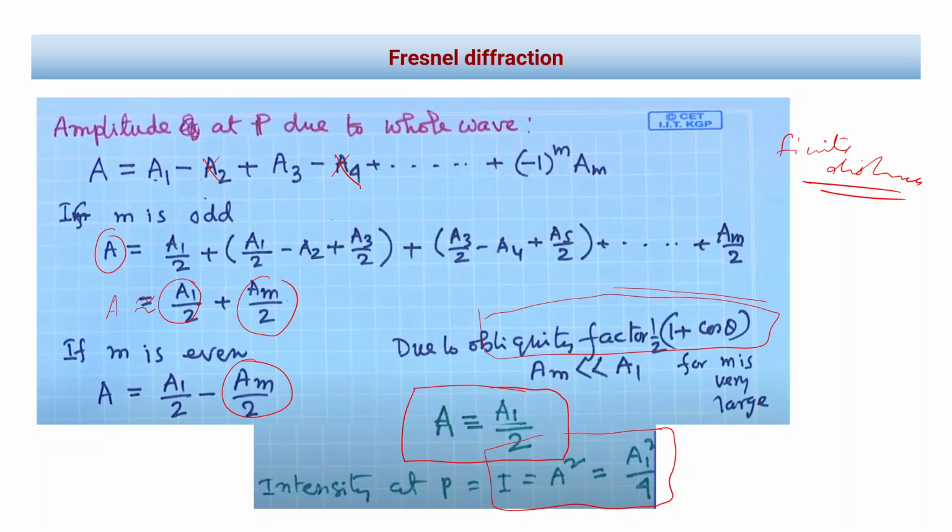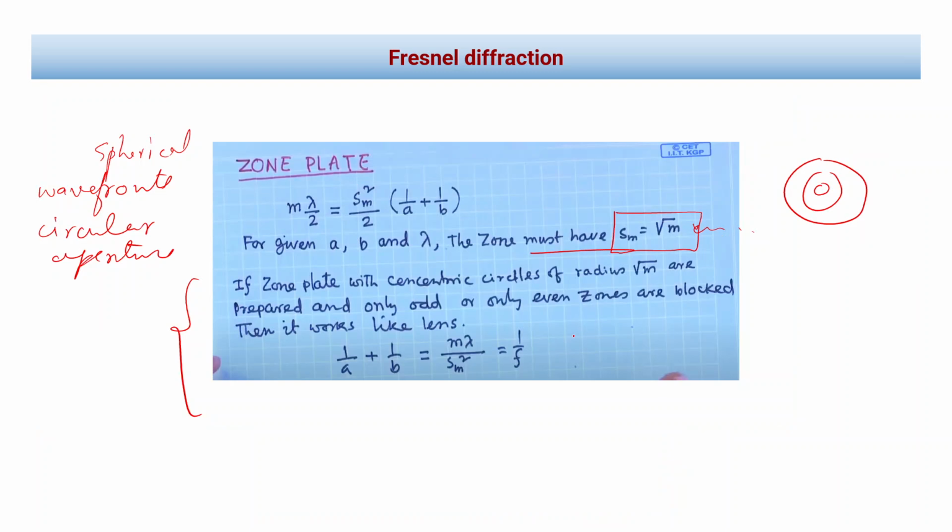Then this will come, this will not come. Ultimately I'll get A1 plus A3 plus A5, and so on. The subtracting of amplitude that was happening here will stop, which means very high intensity at the screen at P. Normally the amplitudes were getting added and subtracted, so I was getting very little, about A1 by 2. But if I paint darkness at alternate zones, which are at a distance of lambda by 2, then all the remaining amplitudes will be added, and I'll get very high intensity here.